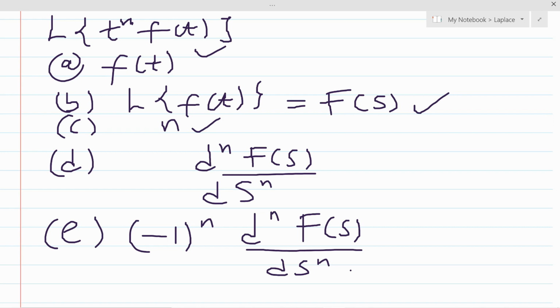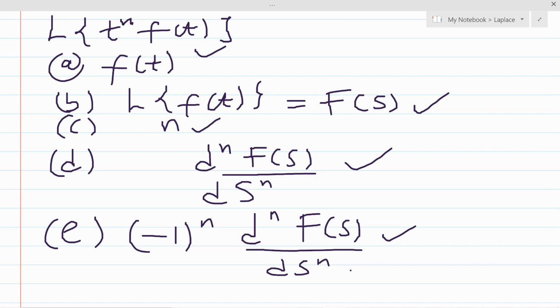Then the next step is differentiate your F of s with respect to s, n times, where n is the power of t. Then you keep it like that. Then the last thing is multiply -1 to the power n to the solution you get after the differentiation. Now let's take an example and go through it.